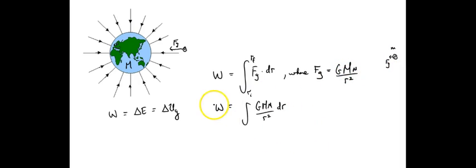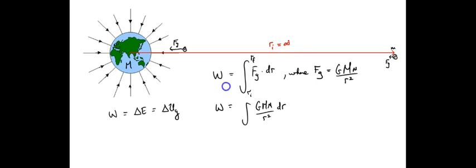Substituting, we get this, and we'll say r initial, which is this distance all the way here, is equal to infinity, and its final location here, r sub f, we'll say is just equal to r. So we'll set the limits to our integral as infinity for our initial and r for our final.